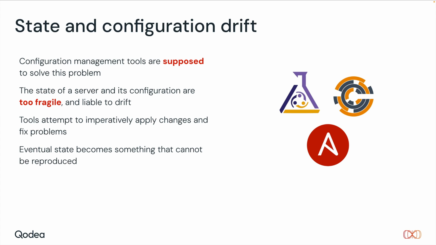Tools such as Puppet, Chef and Ansible can only do so much to attempt to imperatively tweak a server, command by command or interaction by interaction, back into a desired state. The eventual state of a server that has been running long enough will become something that cannot be reproduced precisely, which brings you back to your scaling problems.